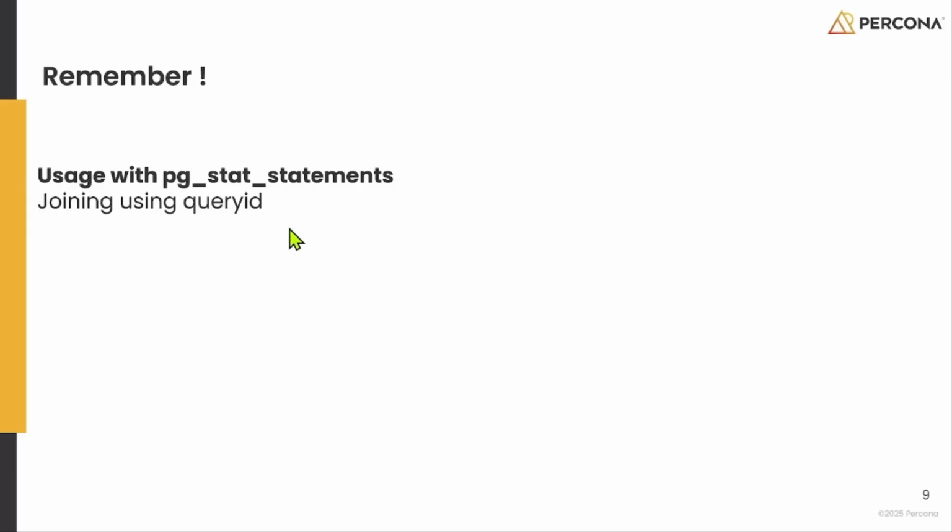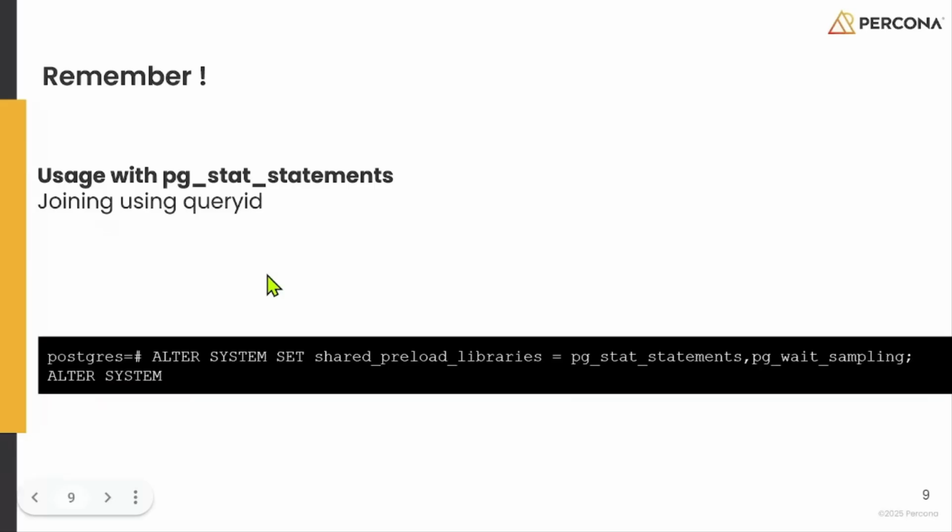So if you consider the general usage, we should expect both the extensions to exist in the same database. And whenever users are using both the extensions, please remember to put them in the right order. pg_stat_statements should come first, and pg_wait_sampling should follow that. This is important to keep the query ID intact.